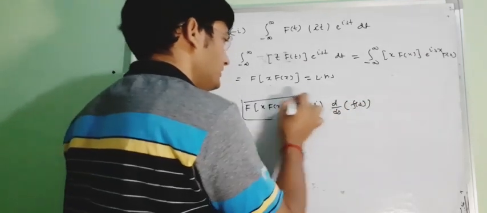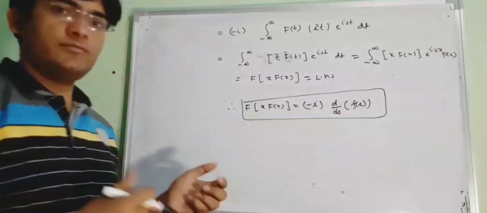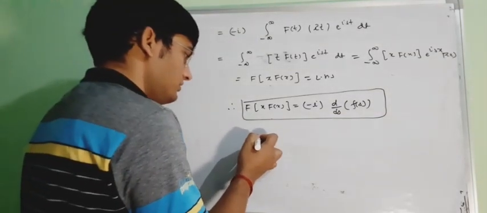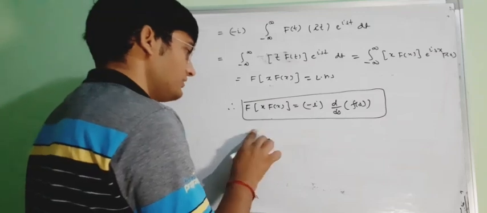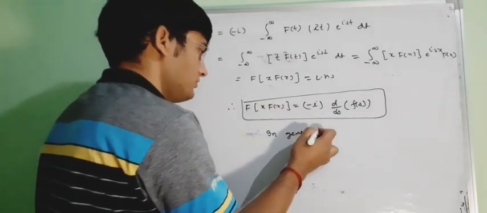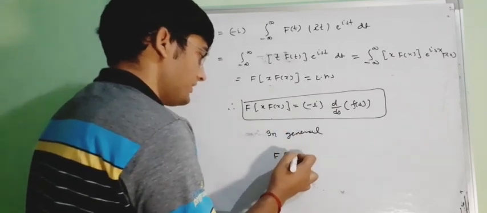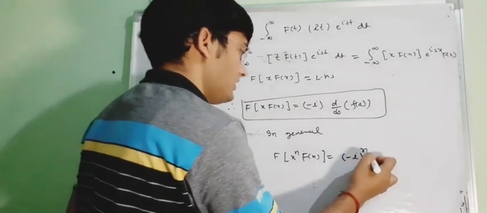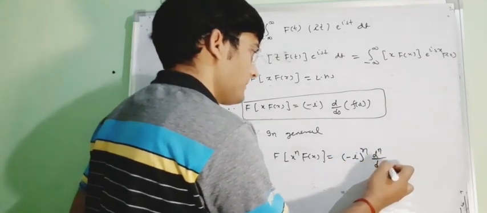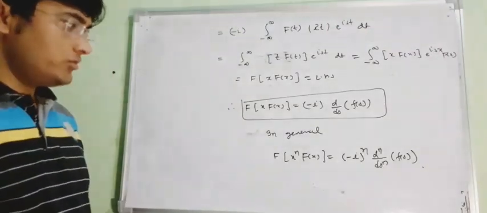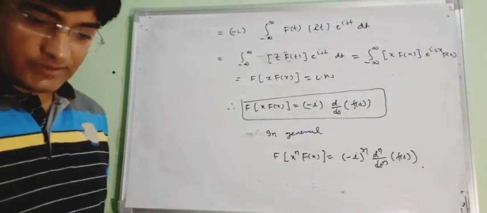Now continuing a similar process as we have done in the Laplace transformation, generalizing this process, we will get the Fourier transformation of x to the power n into f(x) as minus 1 to the power n times the nth derivative of F(s). So this is the Fourier transformation of x to the power n into f(x).